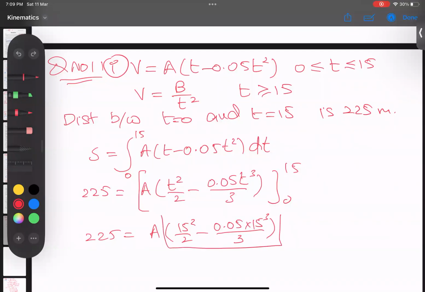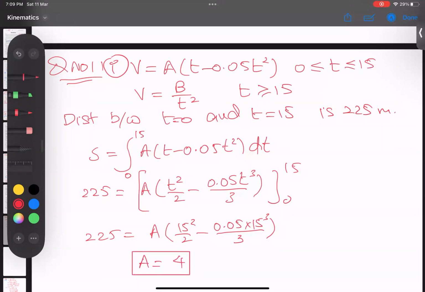Now this whole thing is multiplied by a and equals 225. Let me check: 225 divided by (15 squared divided by 2, minus 0.05 into 15 cubed divided by 3), and my answer is coming out as exactly 4.